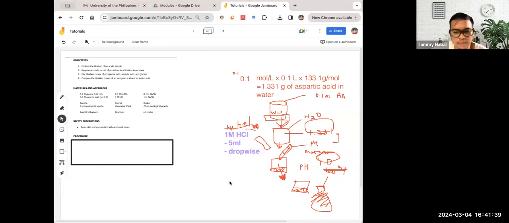Technically, you want to pour your HCl dropwise so you can minimize the change of pH. So let's say if you pour 5 ml of your 1 molar HCl, there's a chance the pH of your solution can go from 1 to an abrupt change of, let's say, 4. So you have to pour sodium hydroxide just to make it go back to 1. And mind you, putting a lot of hydrochloric acid or sodium hydroxide produces what type of ions? Bad.